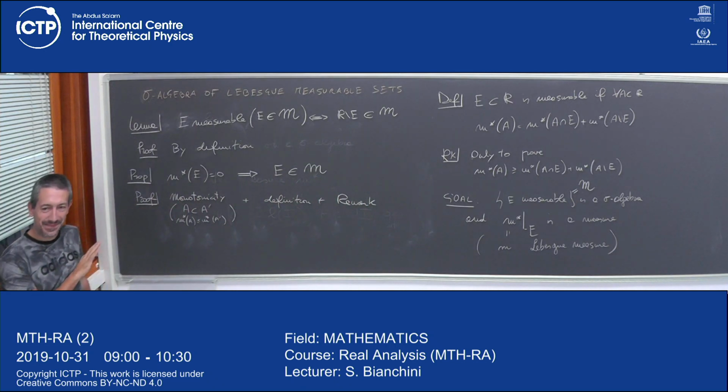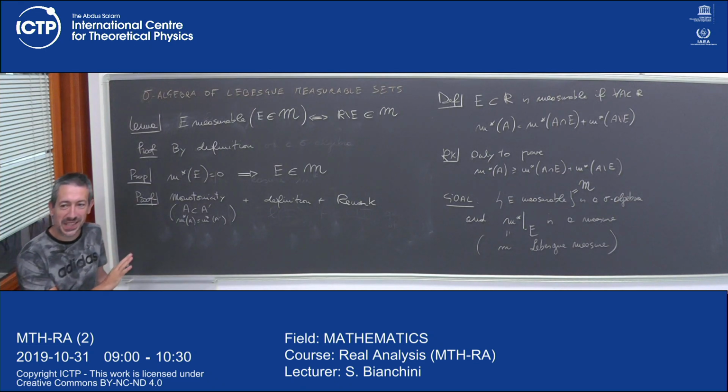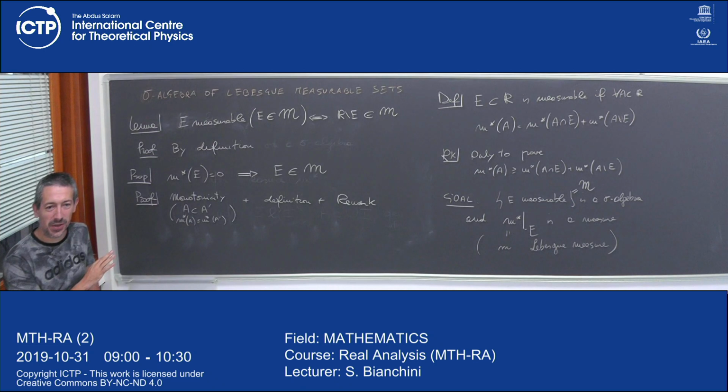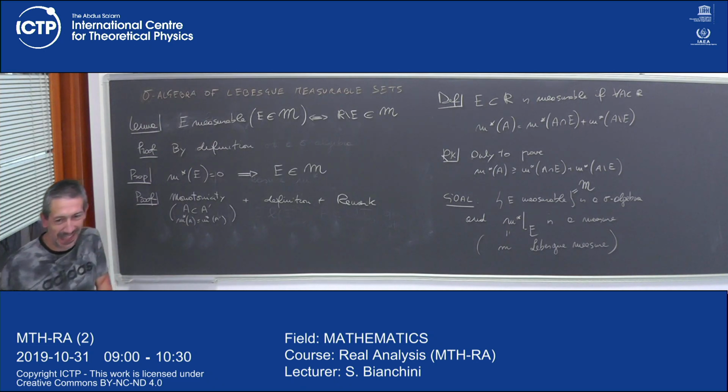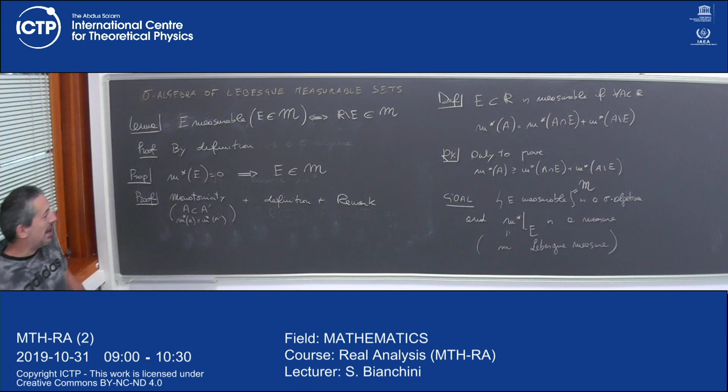Questions here? You know how to complete the steps? You don't know? Otherwise, I ask the people that have some trouble to try to complete them. You know how to complete them? No. Okay, so let's try. Monotonicity plus definition.